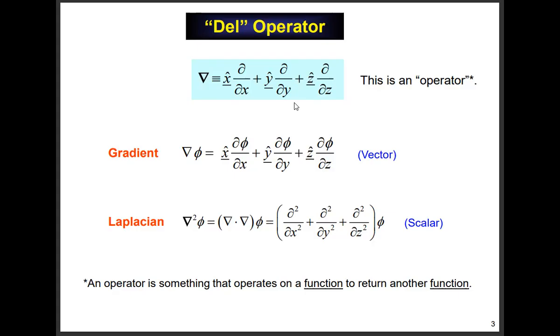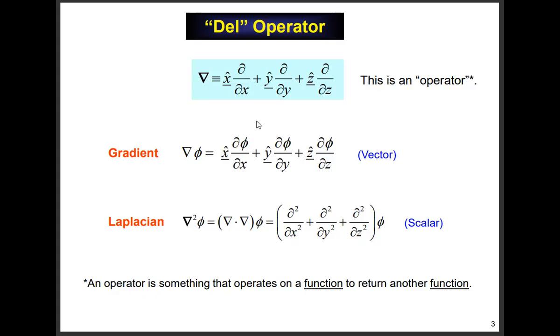But the rule is you just treat it like any other vector, even though this is not a value, it's just a derivative. The wonderful thing about del is that almost no matter what you do with it, you get back something extremely useful in vector calculus. So it's amazing.